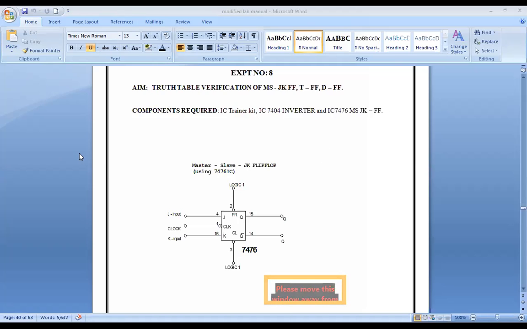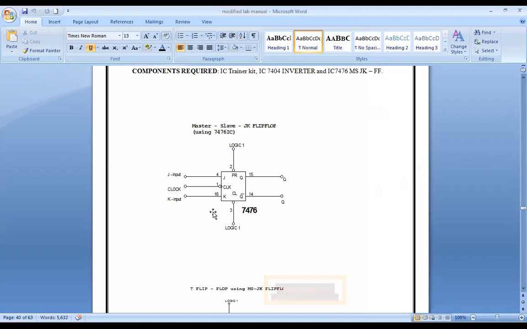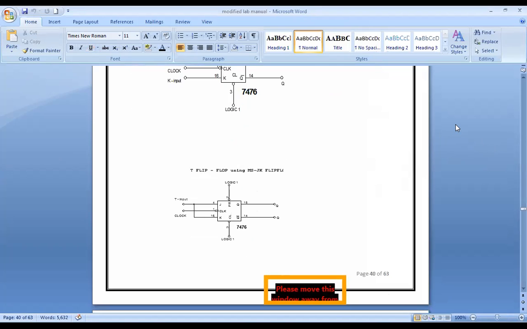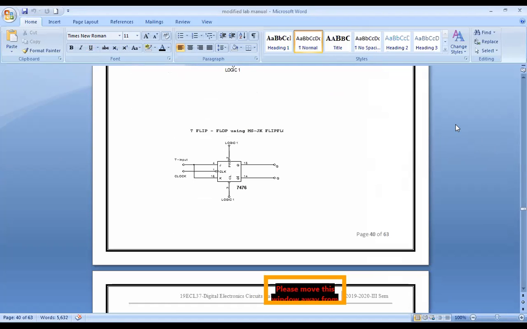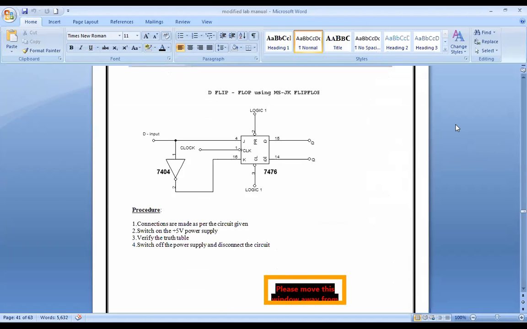The IC number for your master slave JK flip flop. I think all of you know how this master slave flip flop works. Do you all know how it works? Yes. So we have three configurations here: master slave JK flip flop, then T flip flop, and then D flip flop.